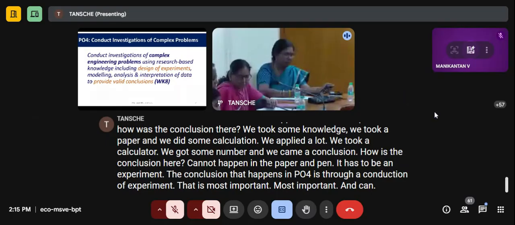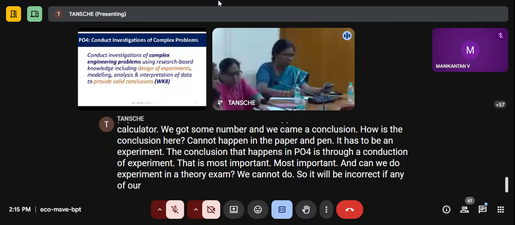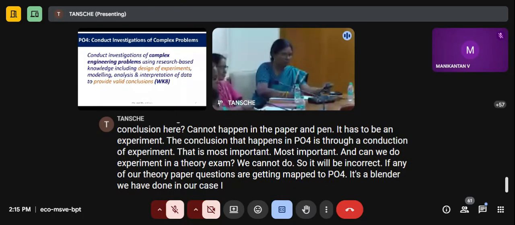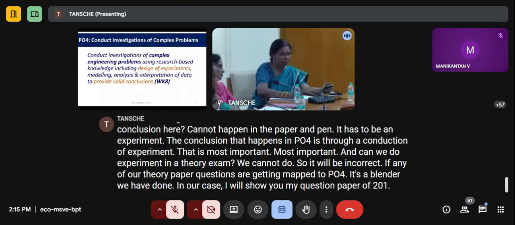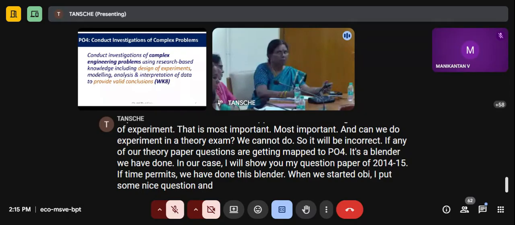Can we do an experiment in a theory exam? We cannot. So it will be incorrect if any of our theory paper questions are mapped to PO4. It's a blunder. We have done it in our case. I will show you my question paper of 2014-15 if time permits. When we started OBE, I put some nice question and I was so excited with it that I mapped it to PO4.